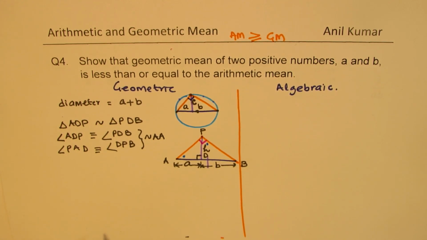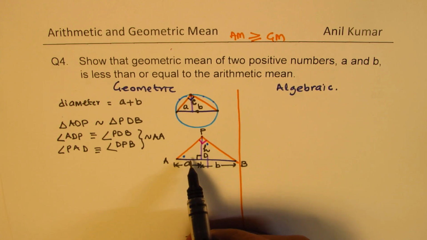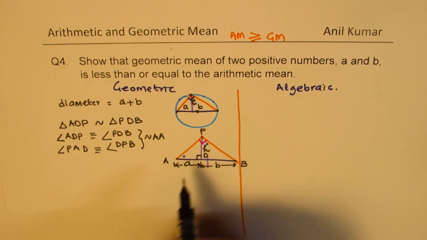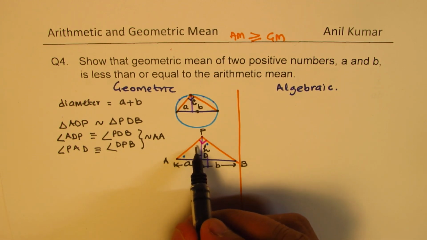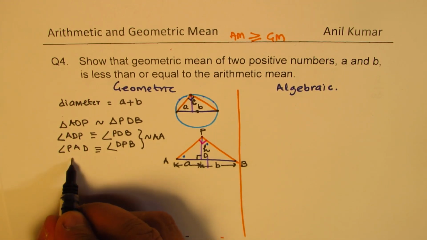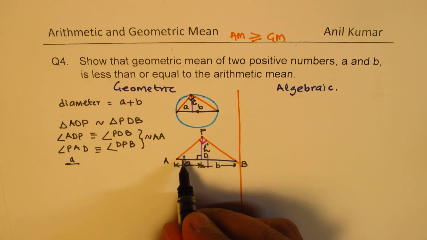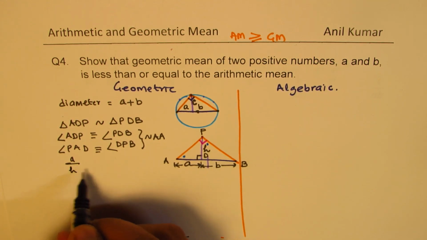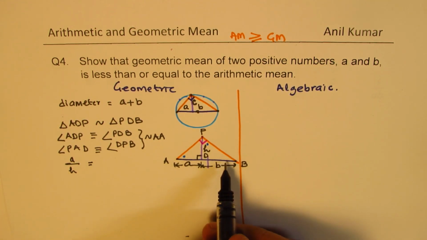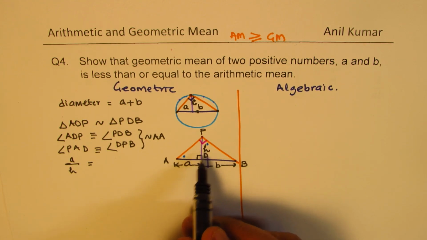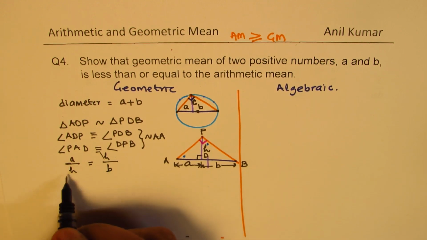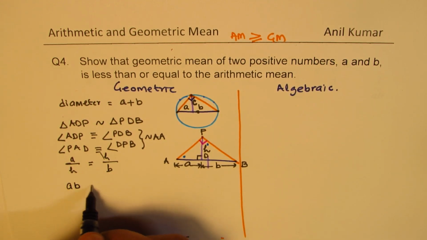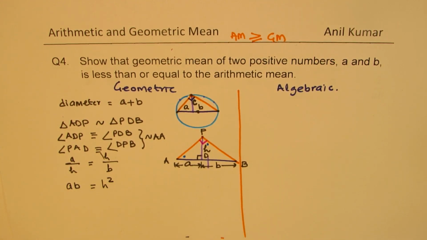Since they are similar, we could write the ratios as the same, right? So we can write the side opposite to that other angle is A divided by the side opposite to this is H, should be equal to the side opposite to this other angle is H in the other triangle divided by B. So cross multiplying gives us AB equals H square, right?